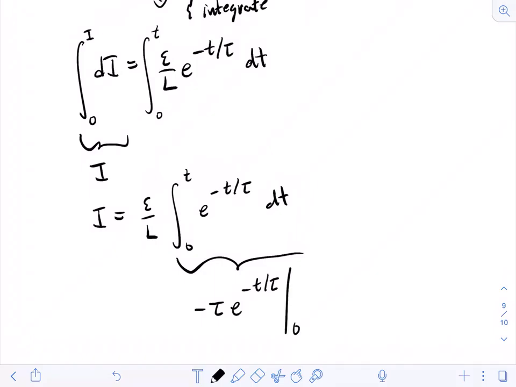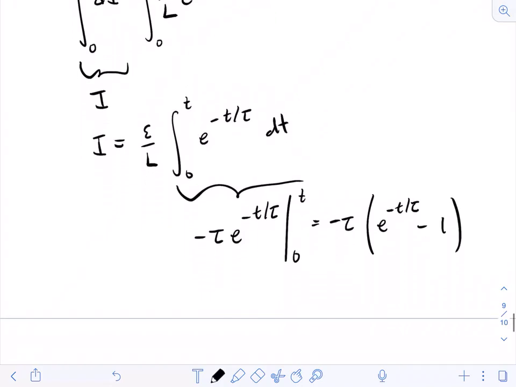Then we evaluate between the limits of 0 and t, which is minus tau times e to the minus t over tau minus e to the 0, but e to the 0 is 1. So we can write this finally by putting the minus sign through: minus minus 1 is plus 1, minus e to the minus t over tau.